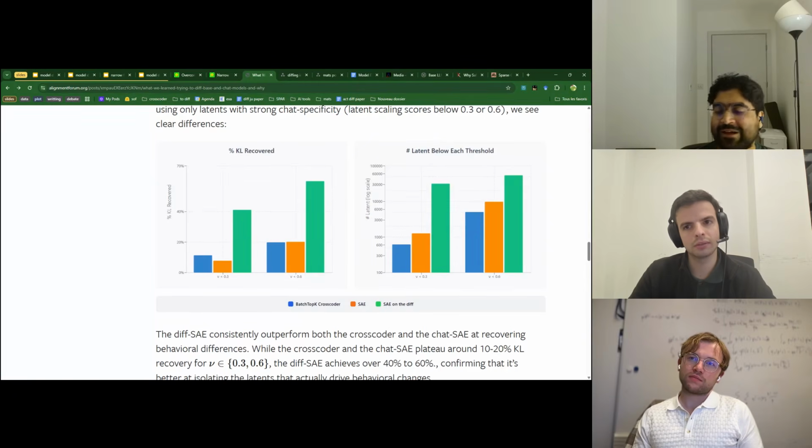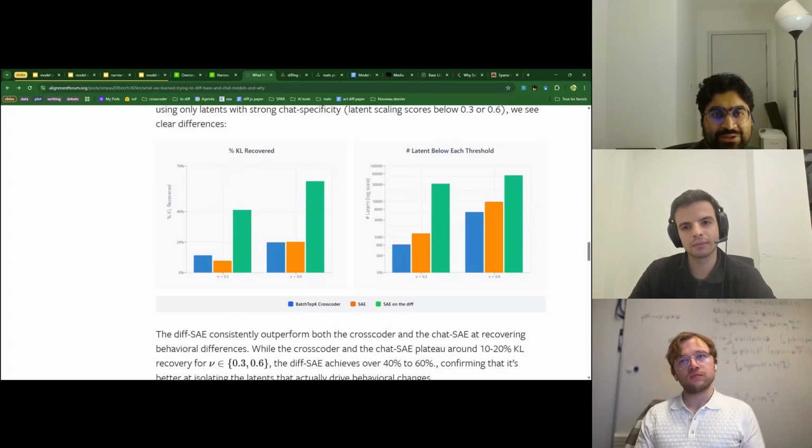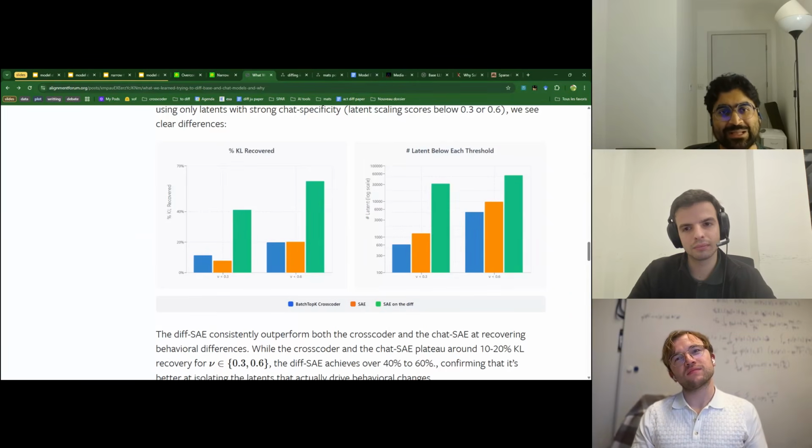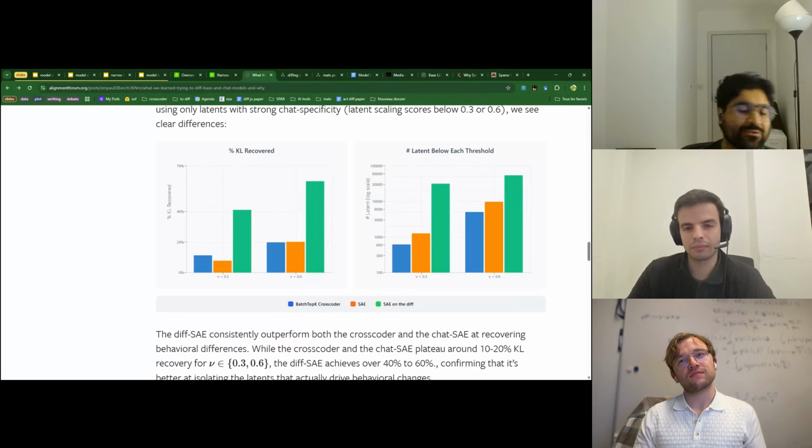I'll maybe also throw out a pitch that model diffing on things that are not actually two different models, like different system prompts, or different agent scaffolds, or different tools, things like this.